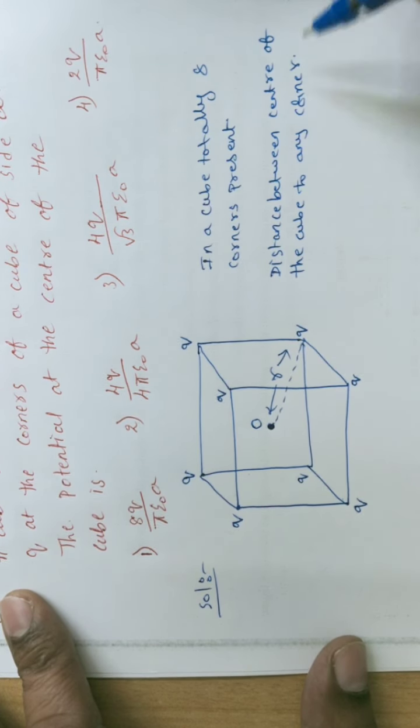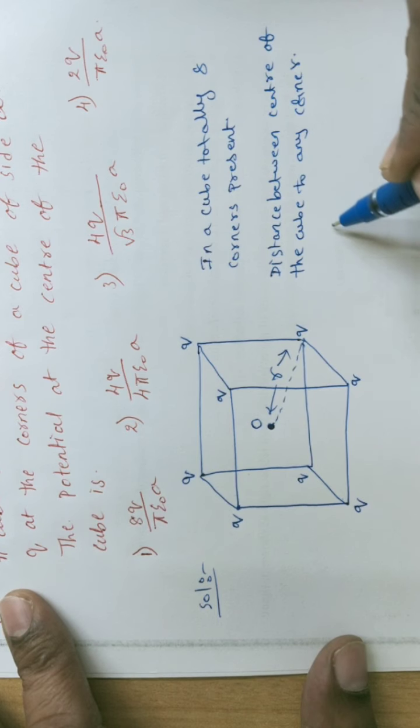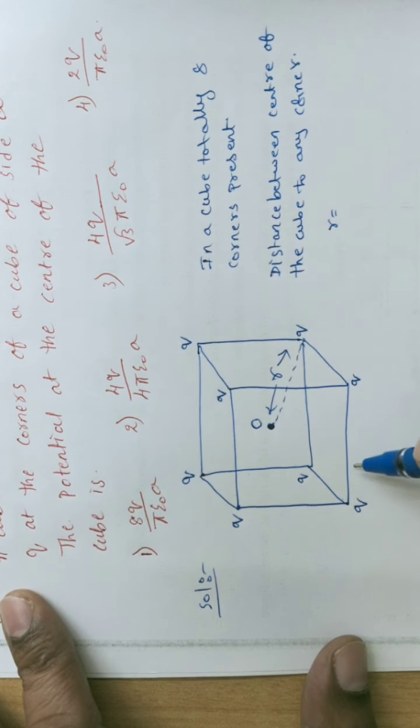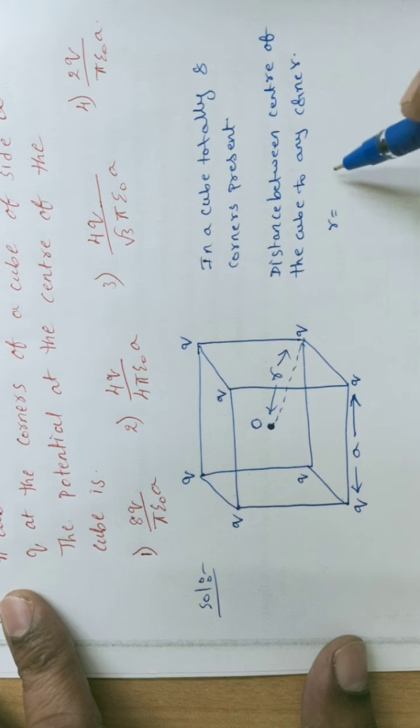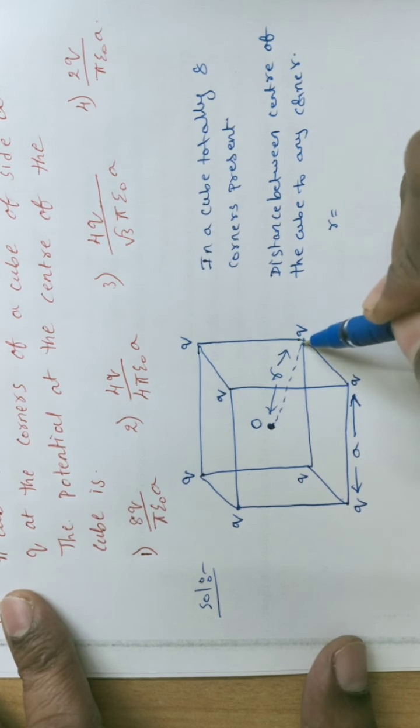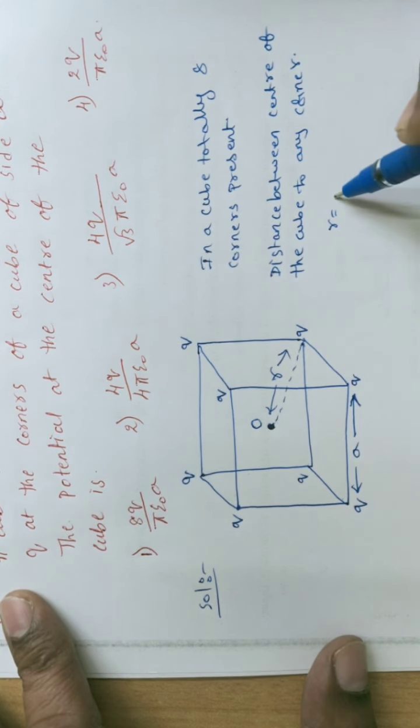For that we have a formula. We have chosen each side value as a.